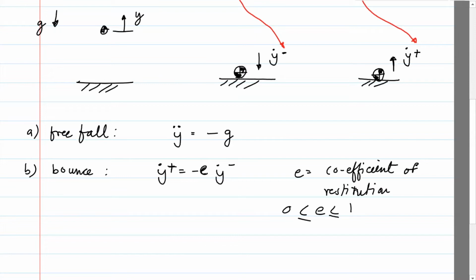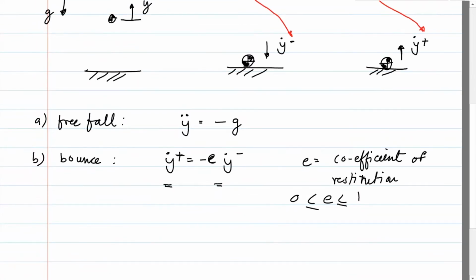Most likely it is less than 1. 0 indicates a plastic collision, which means that the velocity after bounce is 0 and it sticks to the ground. If it is 1, the velocity after impact is the same as before impact, and that's a perfectly elastic collision. The value of e is an empirical property that depends on the surface and so on, but the equation itself comes from Newton's laws. It holds true no matter what.